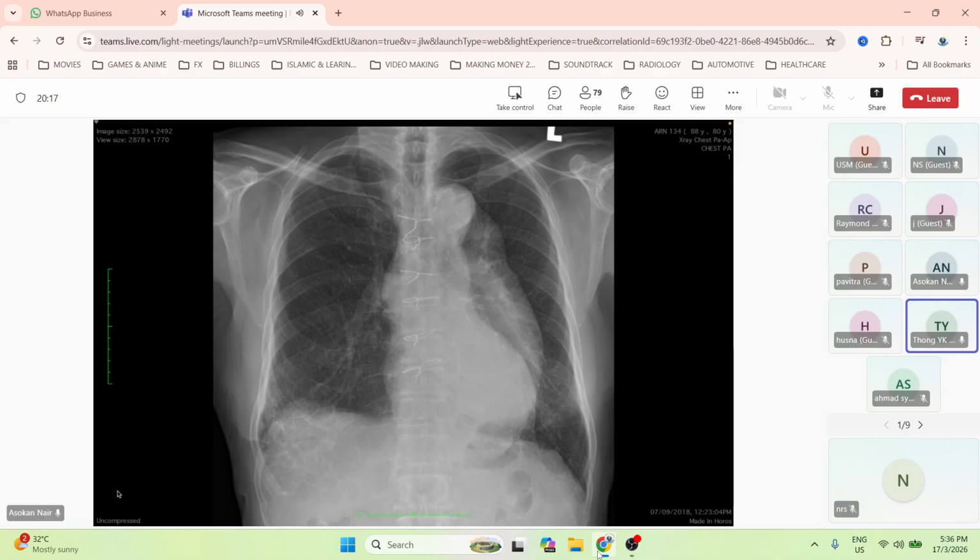So my provisional diagnosis would be a thoracic aortic aneurysm or a dissection. So I would like to correlate with the patient's clinical symptoms, and if suggestive, would like to proceed with a CTA aorta.